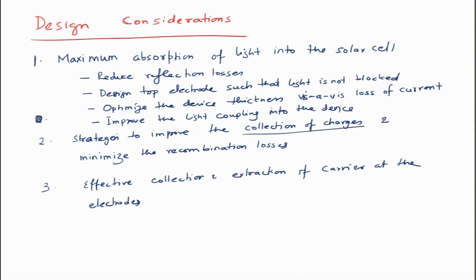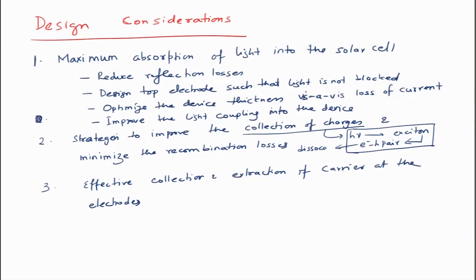The collection of charges in the second point means that your photon gives rise to an exciton, and the exciton then converts into an electron hole pair. We would like to maximize this process, and then we have dissociation.